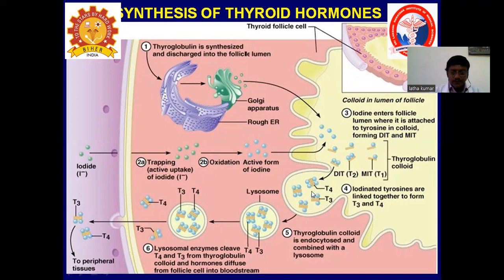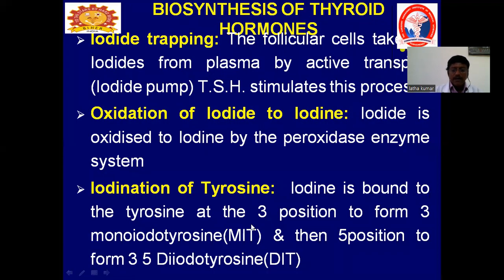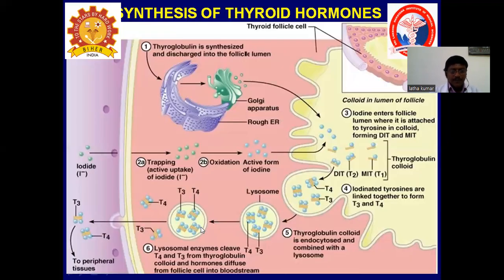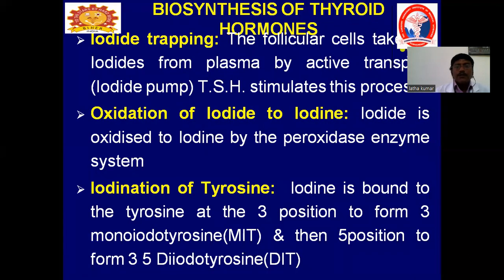These T3 and T4 come out from the lumen and are endocytosed, enter the cell by the lysosome, and enter the bloodstream after cleavage by the lysosomal enzyme, and go to the blood and supply all parts of the body. So this is the way the thyroid hormone reaches all the cells of our body.